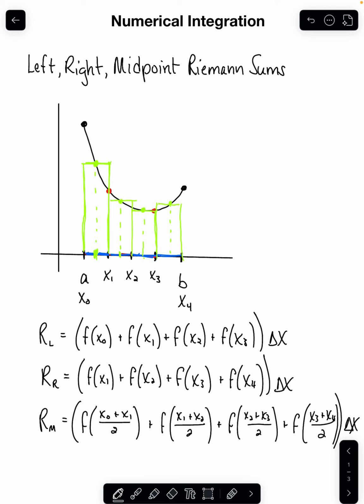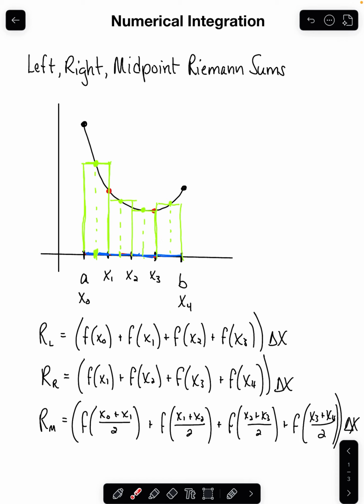And that's based on the fact that in each of these, we are using a consistent width subinterval, which means that the x values we're interested in using, whether it's the left endpoints, the right endpoints, or the midpoints, even the midpoints are spaced by the same amount of spacing as the left and right endpoints themselves.